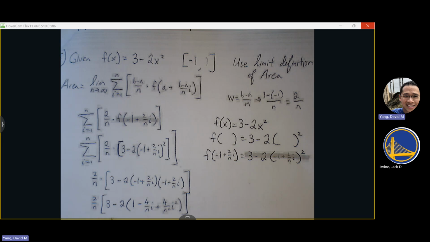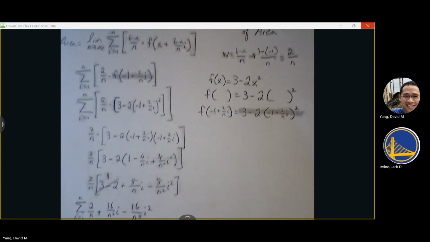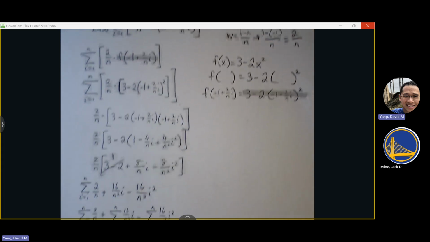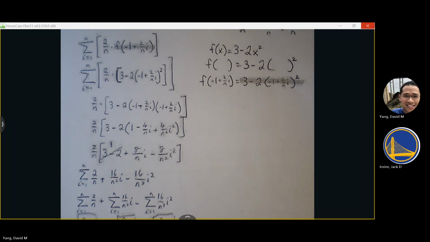And then we're off to expanding, foiling, doing all the algebra steps there. Okay, distribute the -2 through after you've completed foiling out your parentheses.